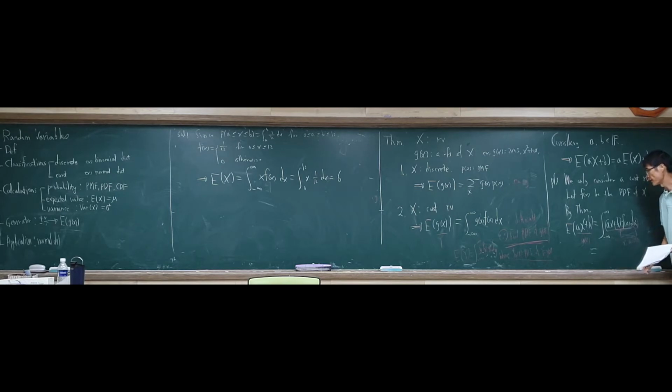Since a and b are considered constants, by the property of integration, this is equal to a times the integration of x f(x) plus b times the integral of f.